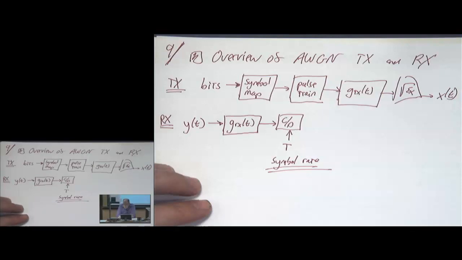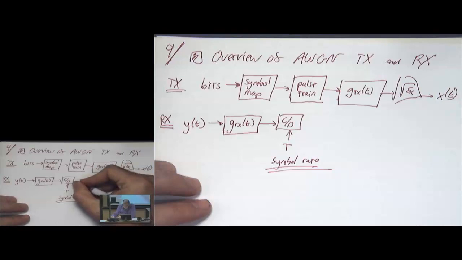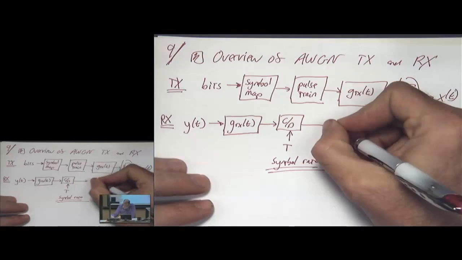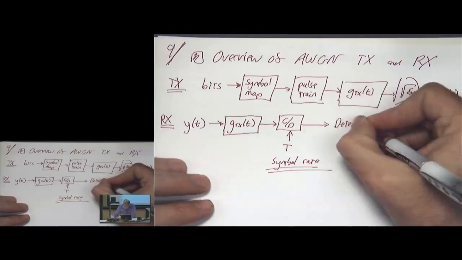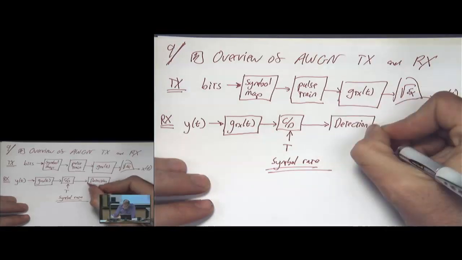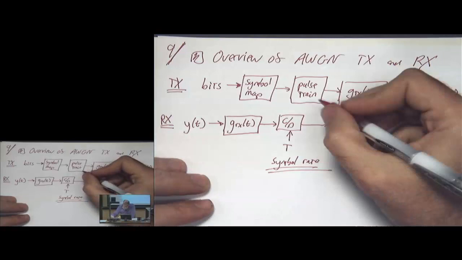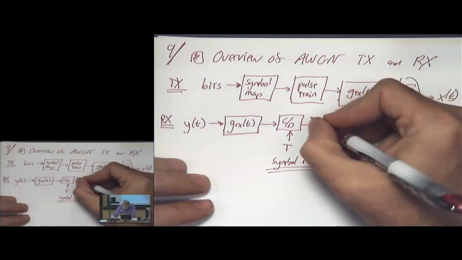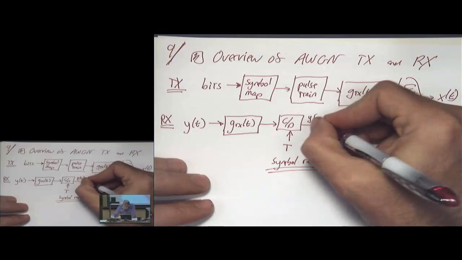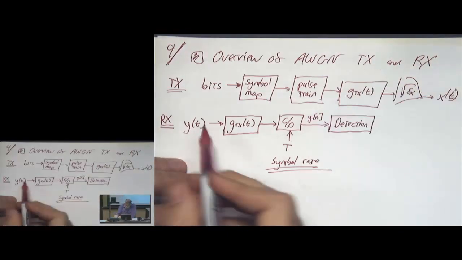So we filter the signal, we sample it, and now here is where this block that's called detection fits in. I sort of use different terminology here, but let's call this w of n, y of n here. Sometimes I call this z and then this y.